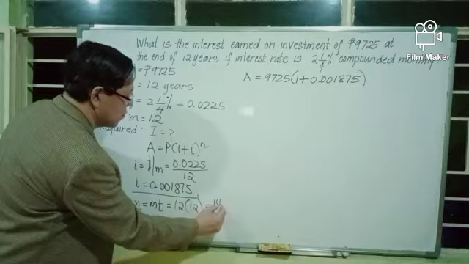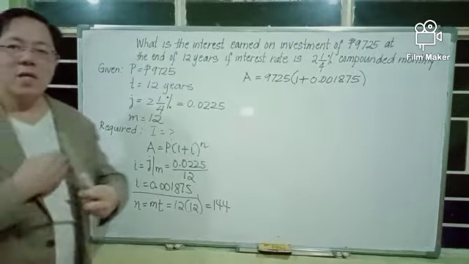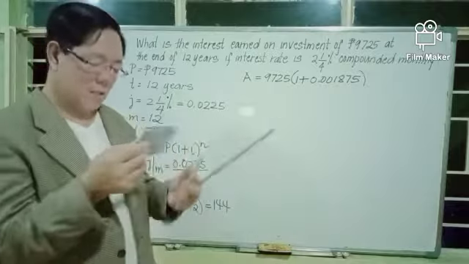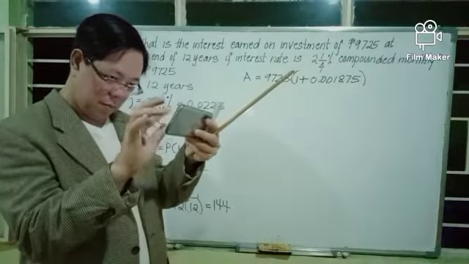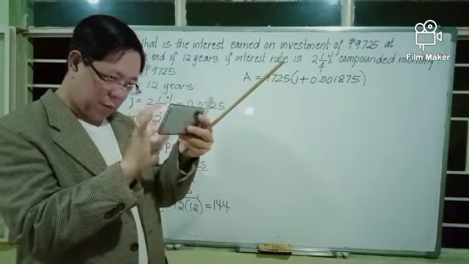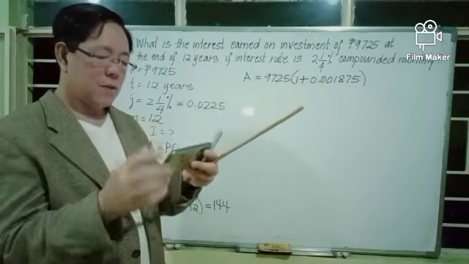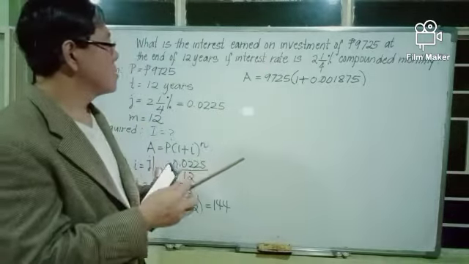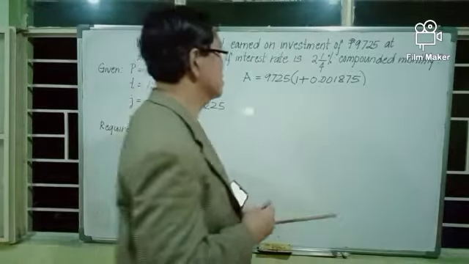And you should get 144. n is 144. Let us check. We have 12 times 12, 144. So the exponent here is 144.